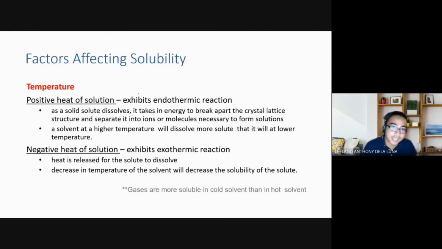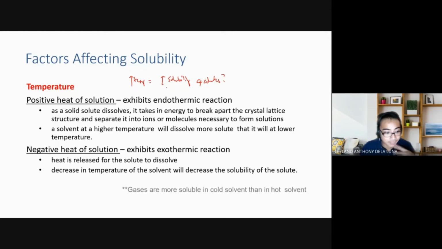So when there is an increase in temperature, ano sinasabi natin sa solubility of solutes? Tumataas ba o bumababa? Yes, very good, Mr. Ray. Okay, very good, Mr. Otto. Tataas yun. So obviously, class, pag binabaan mo ang temperature, bababa ang solubility ng solutes.